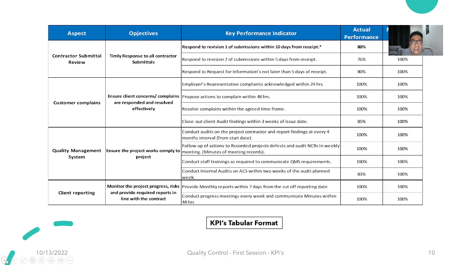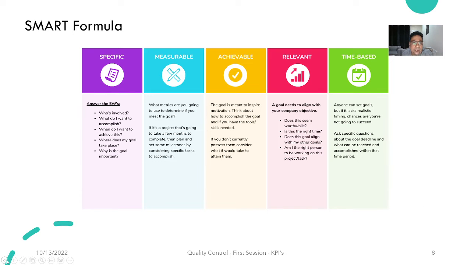Okay, going back now to our SMART formula. An example of how to answer the five whys question is: who's involved in the problem? What do I want to accomplish with the problem-solving approach?